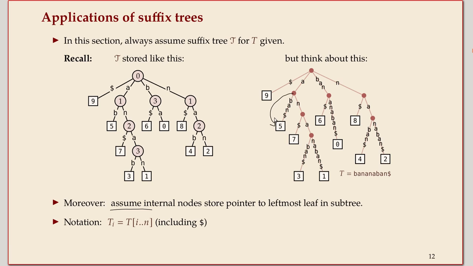But in principle, this example is too small. None of the internal nodes has only other internal nodes as children. But in principle, this can happen. So it could take a long time to go from a specific internal node to some of the leaves. But we assume there's a way to directly jump to one of them.